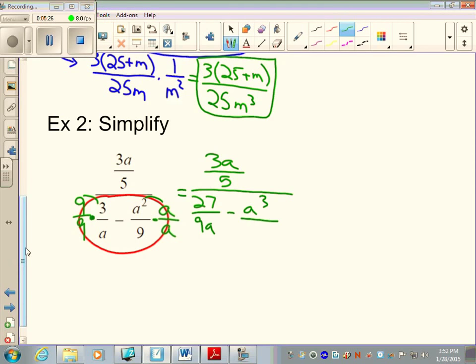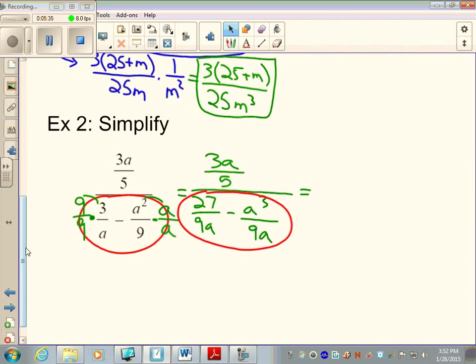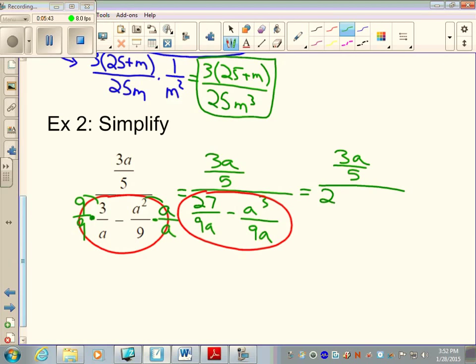We have like denominators. Now I can combine those like denominators. Again, I'm only looking at the denominator. My numerator is still staying the same, 3a over 5. The denominator, we have 27 minus a to the third over 9a. Now I have two fractions.